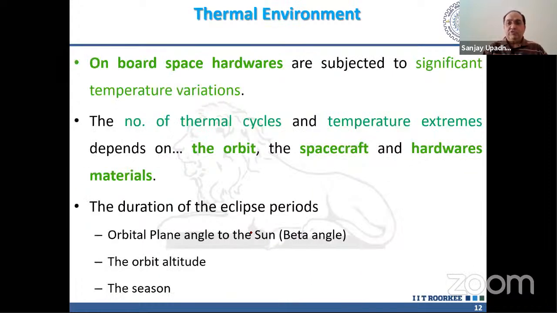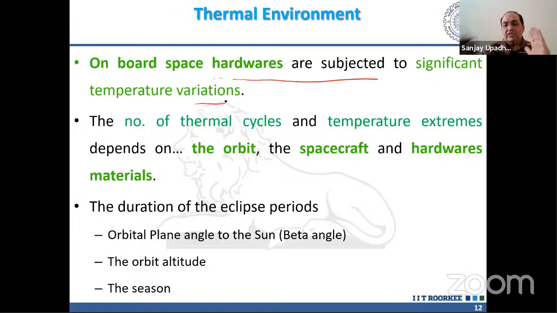Then the thermal environment also. Onboard space hardware is subject to significant temperature variations, because I already showed you the eclipse and direct exposure to sunlight. The known thermal cycles and temperature variations depend on the orbit, spacecraft and hardware materials.